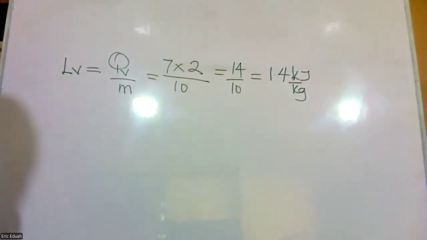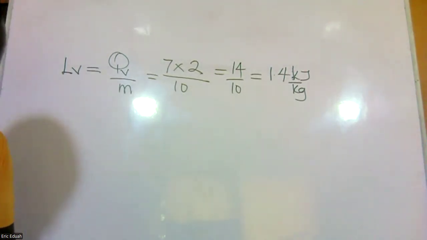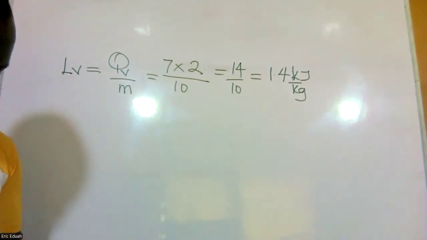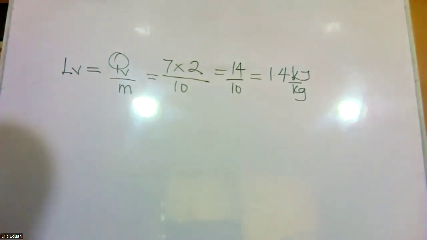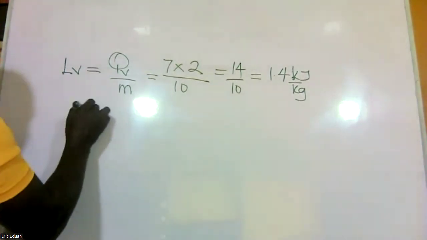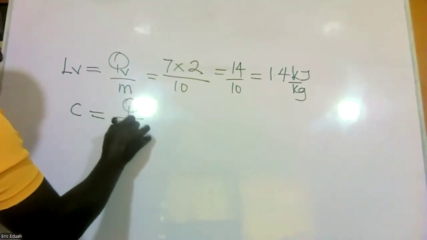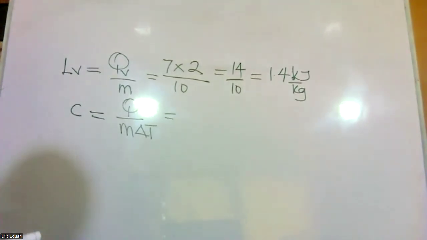1.4, so D. Then 114. During the liquid phase, what is the specific heat capacity of the substance? The specific heat capacity C is Q over m delta T. What is Q?